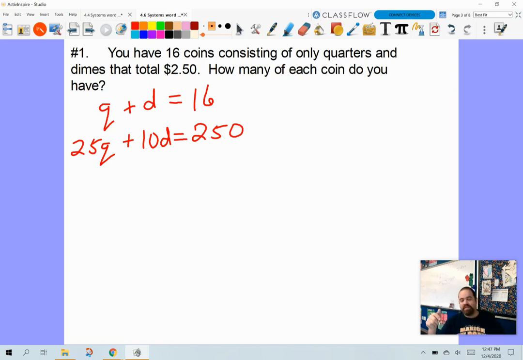The nice thing about these coin problems is since that first equation was set up with just single variables, it's easy to multiply these. I'm going to take my first equation times -10. Multiplying that top one by -10 gives me a nice cancel on my dimes.